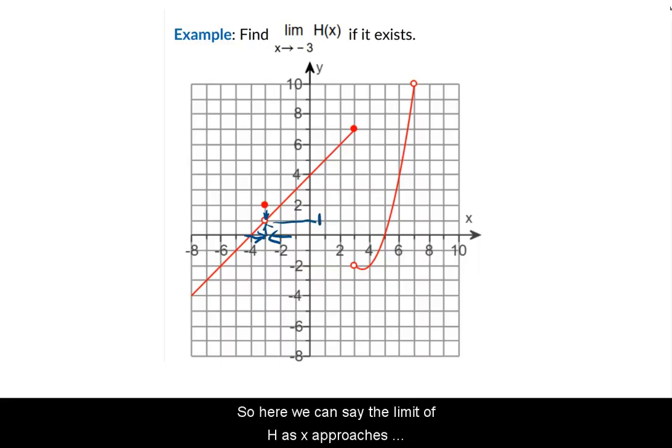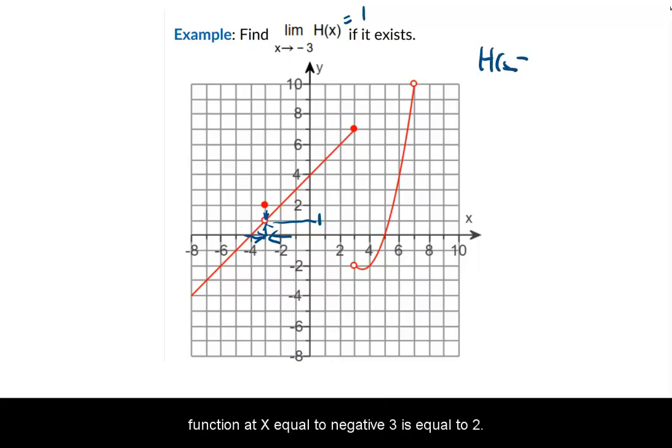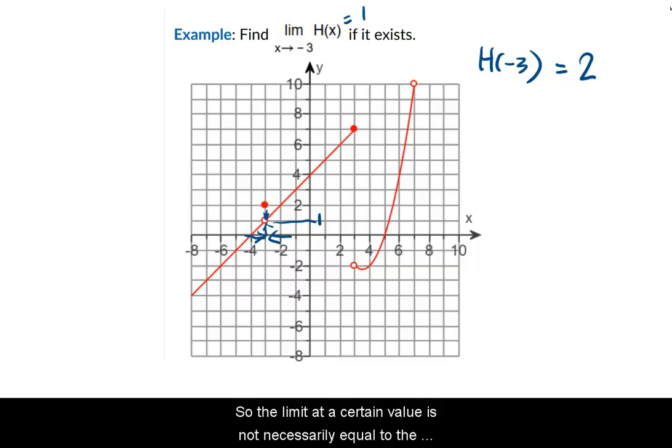So here we can say the limit of h of x as x approaches negative 3 is 1, even though the value of the function at x equal to negative 3 is equal to 2. So the limit at a certain value is not necessarily equal to the value of the function.